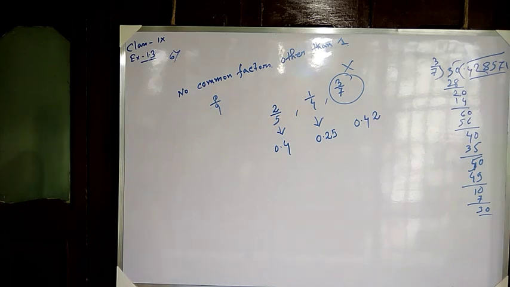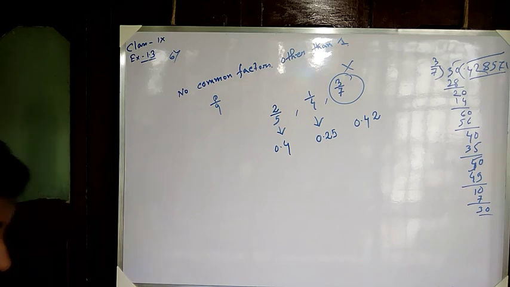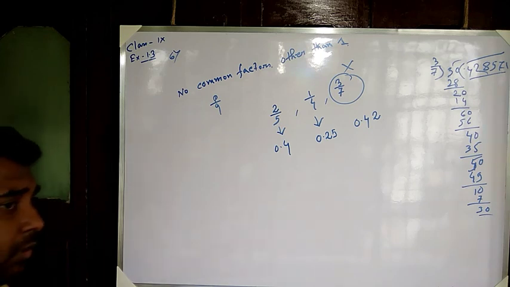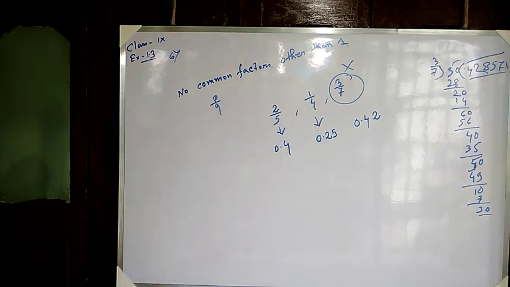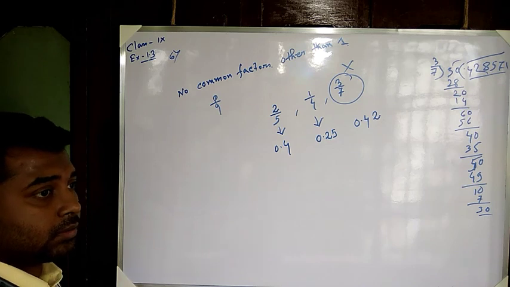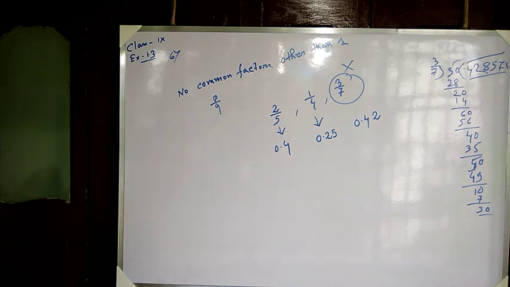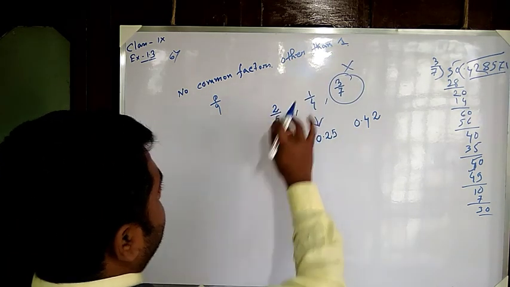So how to solve this type of math? It's very difficult to choose numbers like 2 by 5, 1 by 4, 3 by 7. Someone can take 1 by 3, someone can take 7 by 9. So you can take this type of number. Why? Because there is no common factor.